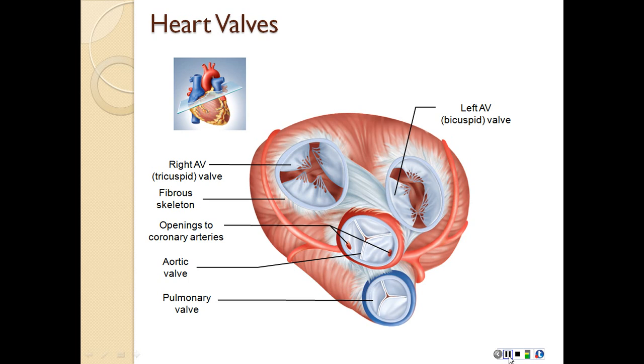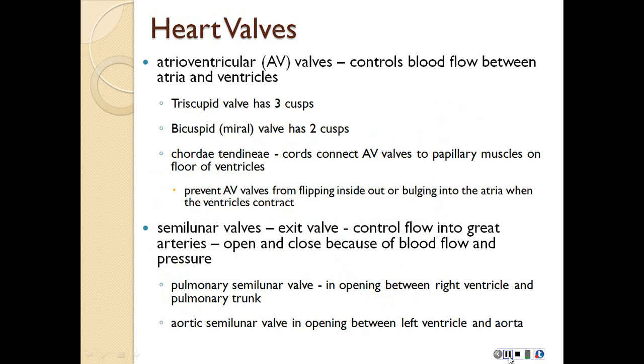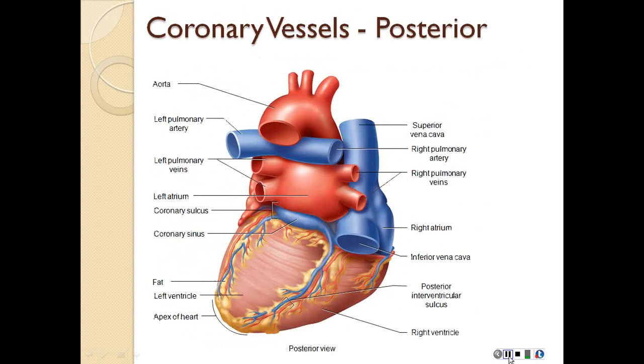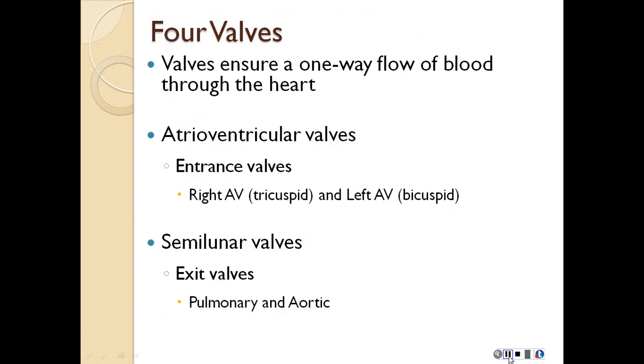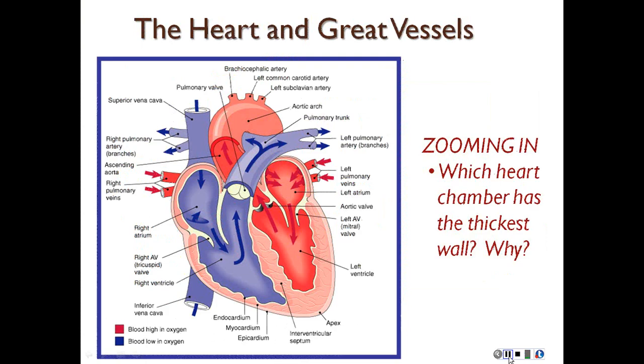When blood tries to, if you can think about, let's see if you can visualize this. If I can help you here for a second. If you find a picture of the heart and think about, yeah, that's a pretty good one. So think of what happens when the left ventricle squeezes. Where's blood going?